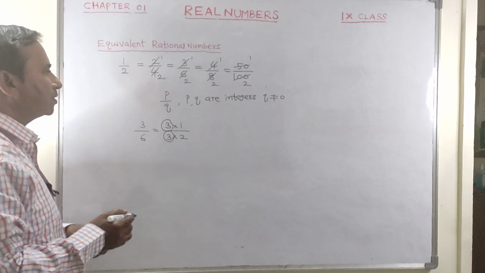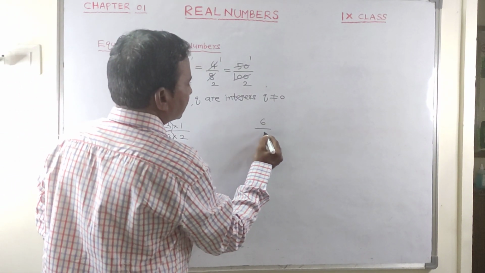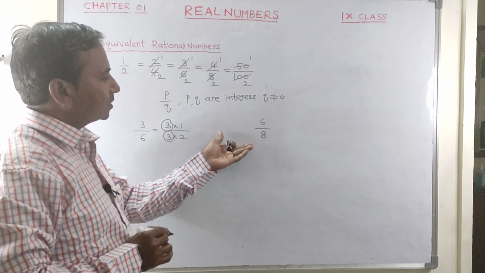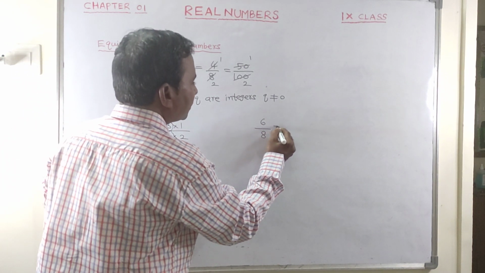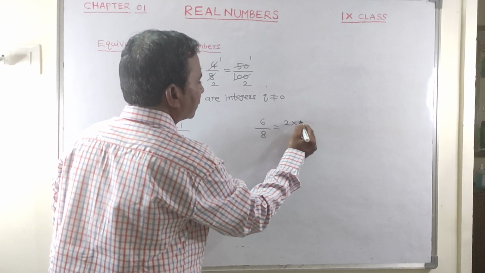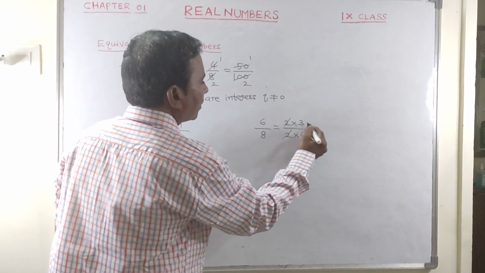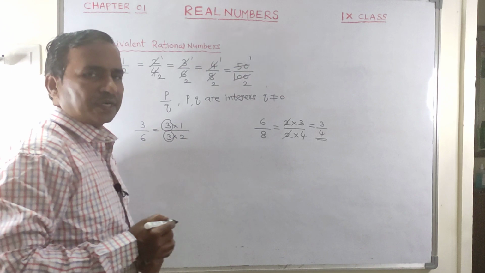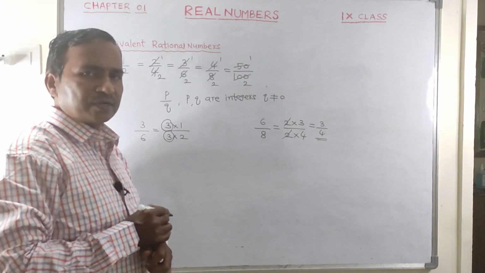So to represent on any number line, suppose I am taking 6 by 8. To represent this fraction or rational number on the number line, it must be simplified first. Simplified means the common factor must be removed, like 2 into 3, 2 into 4. Means 3 by 4 is the rational number after removing the common factor.